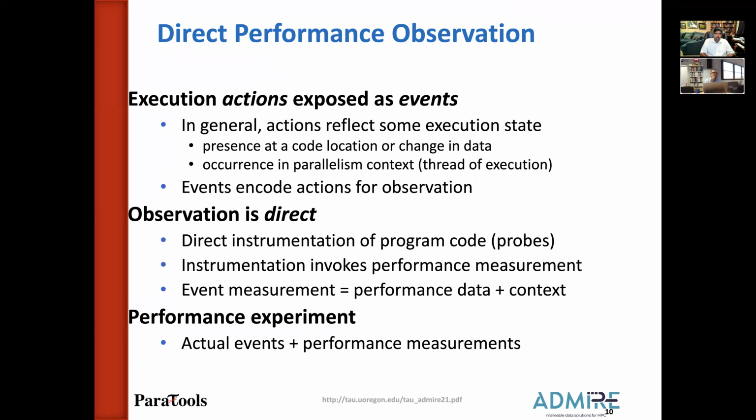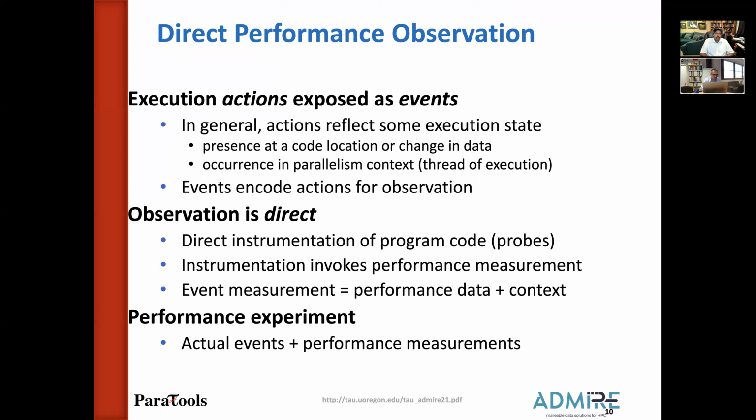There are two methods of looking at the performance. There's the direct performance observation methods, where we look at actions in the program. They are exposed as events. And these actions could be sending off a message. It could be a change in the execution state, like entry or exit into a loop or a function.